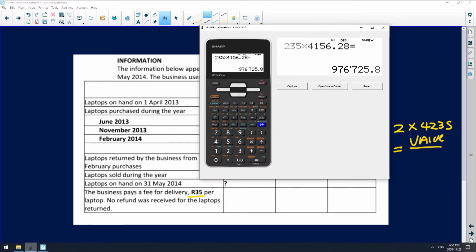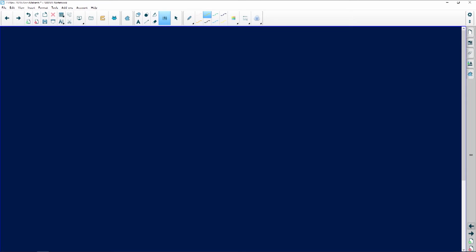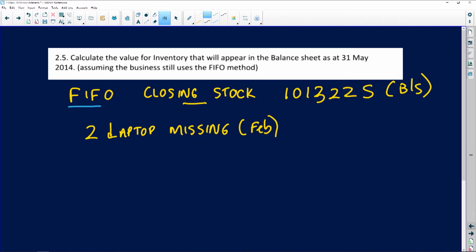So let's do that on our calculator. 2 times 4,235, and our deficit or stock that is missing is 8,470. Okay, so let's go back to our answer sheet. Right, so remember, guys, we are now going to subtract the amount of 8,470 because this obviously decreases the value of our stock.